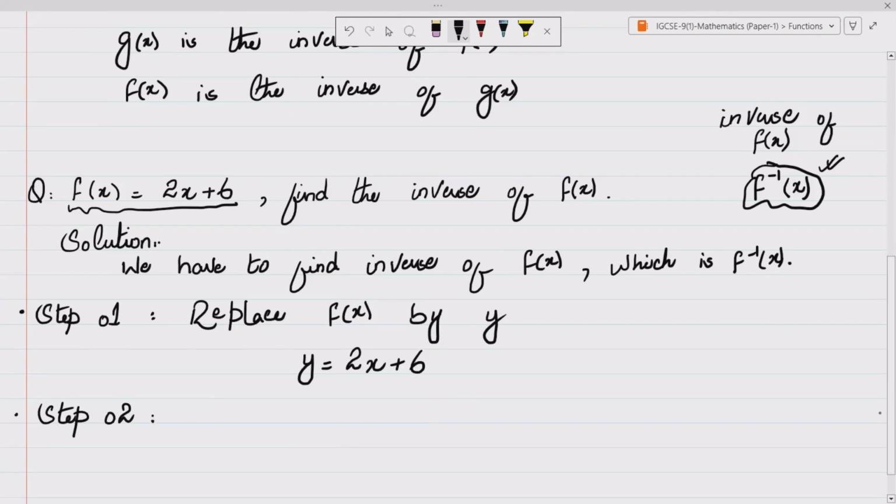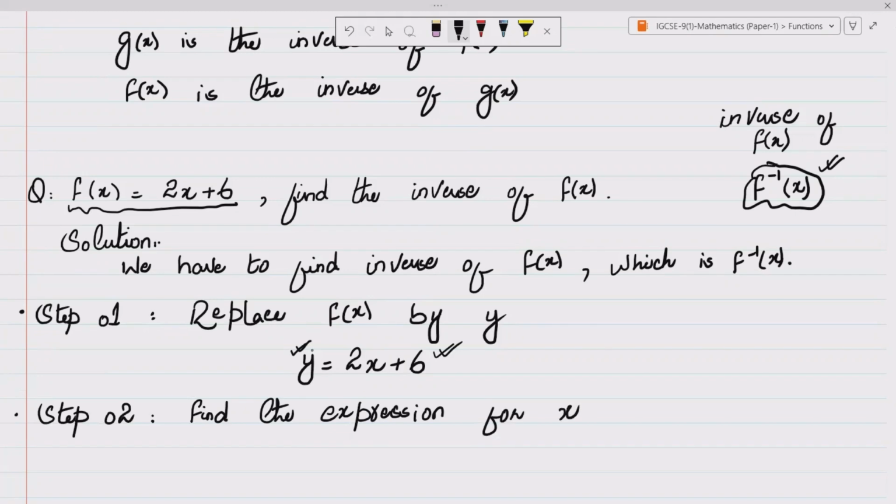Next, in step 2, you can see that when you place y in place of f of x, you get y on one side and all the other things on the other side.